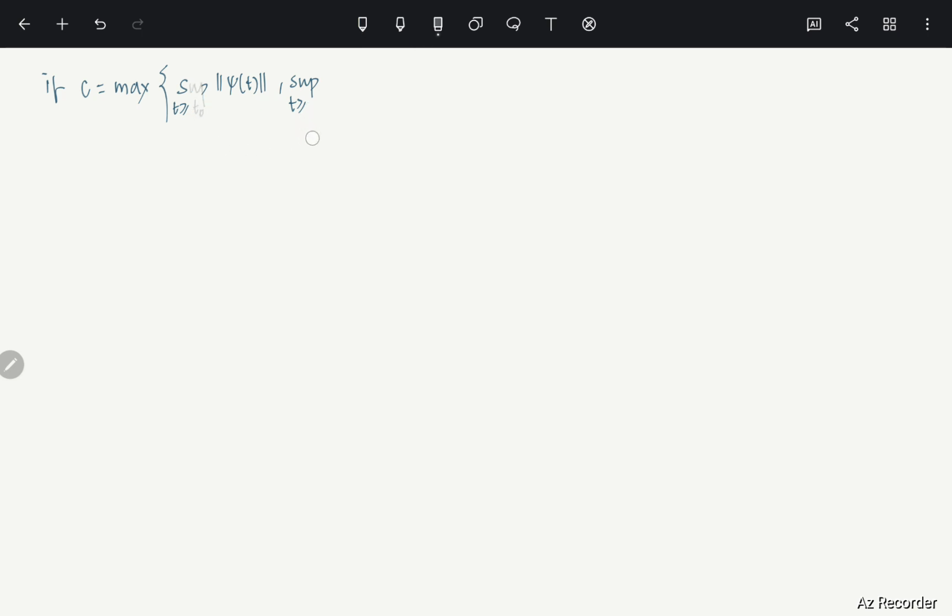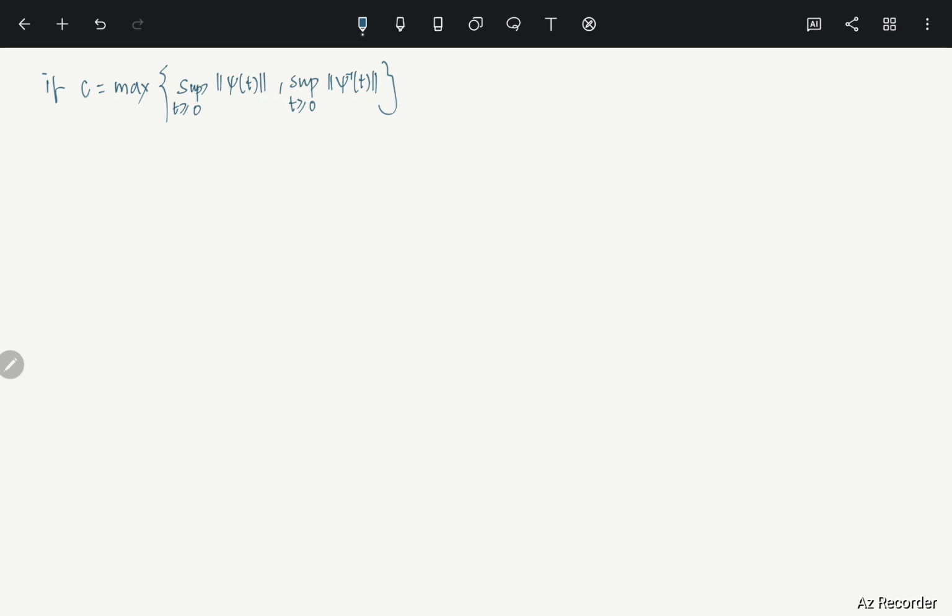It doesn't have to be t naught, it can be t naught also, but anyway, let's just put 0. So basically I am taking the supremum norm of phi and the supremum norm of phi inverse, and taking the maximum of those two. Let's just call that C.